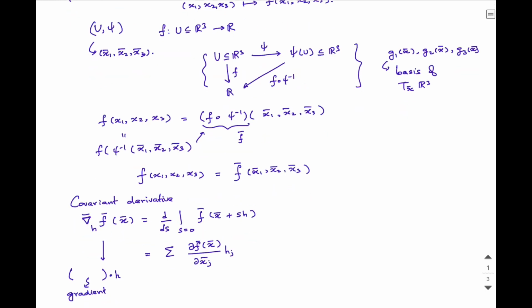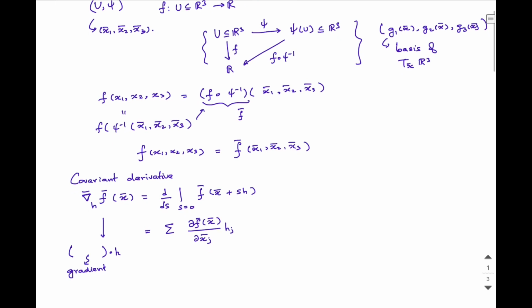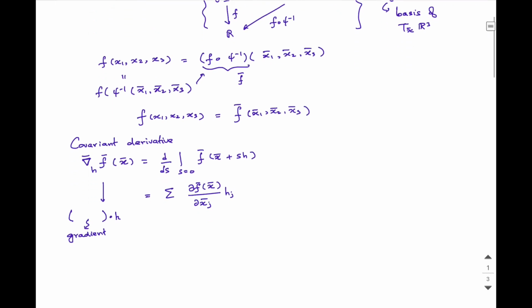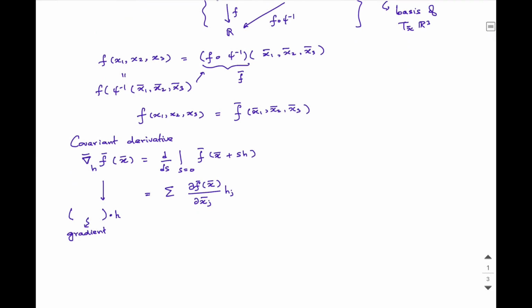But the problem is that in general this basis g1, g2, g3 is not orthogonal. So you cannot write this directly as the inner product of partial f over partial j and hj, and you have to be a little more inventive in this case. So let's write it down properly.